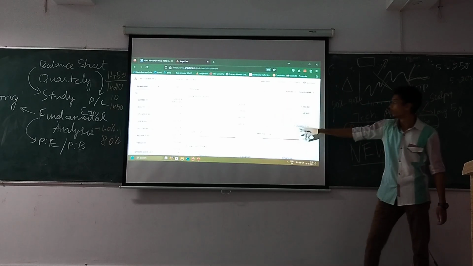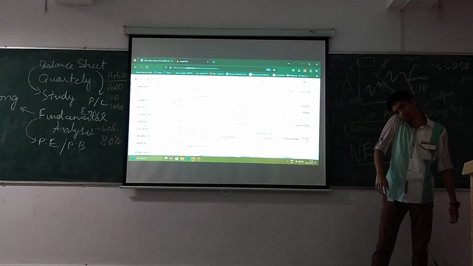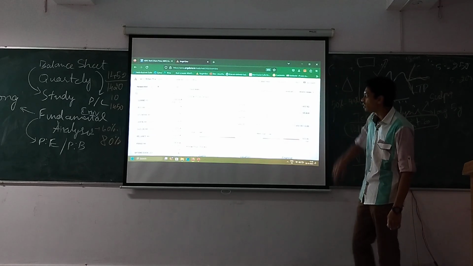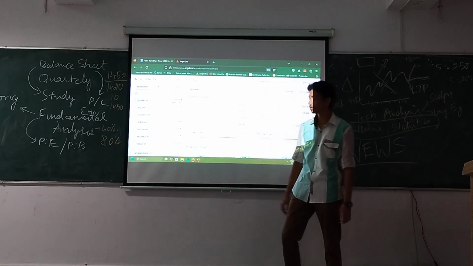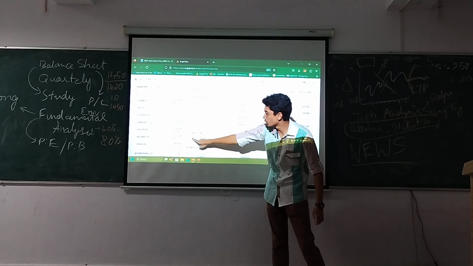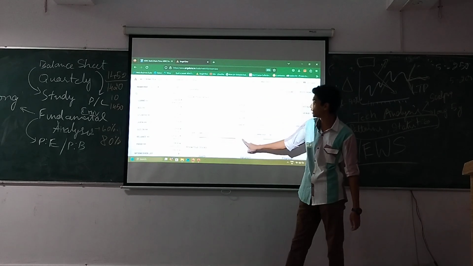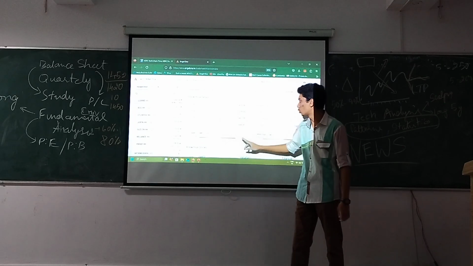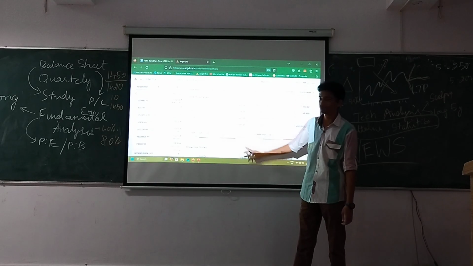Volume it will show. What is the bid ask? 1450. It will usually be near the LTP only. Now it will show you the upper and lower circuit here. The lower circuit is 1173, the upper circuit is 1760. So the share price can't go above 1760 today.